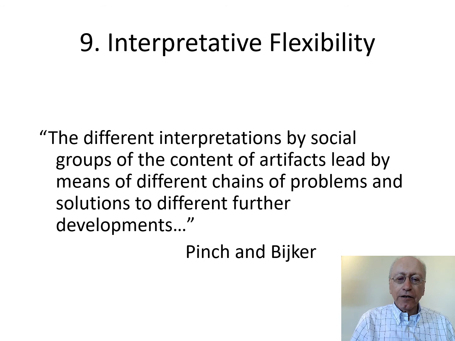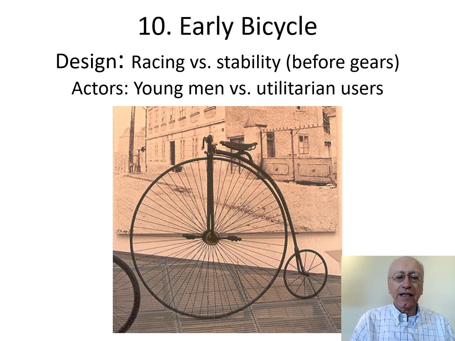Here's the way two scholars in science studies explain the issue. They say the different interpretations by social groups of the content of artifacts lead by means of different chains of problems and solutions to different further developments. So that's a succinct definition of interpretative flexibility.